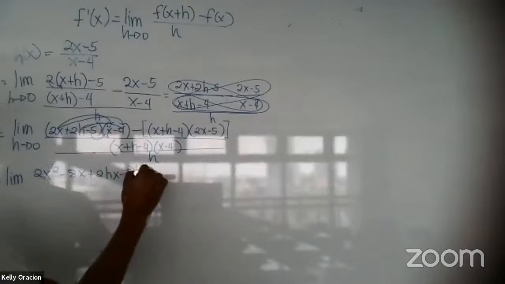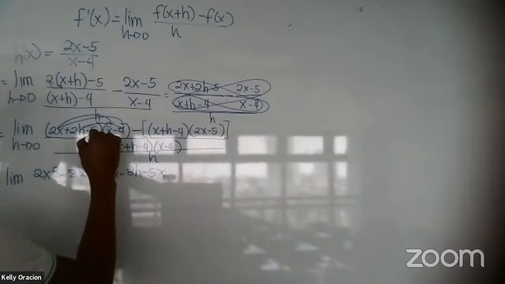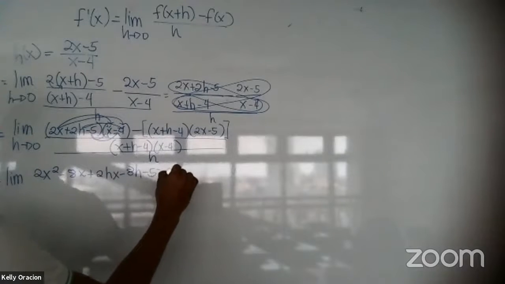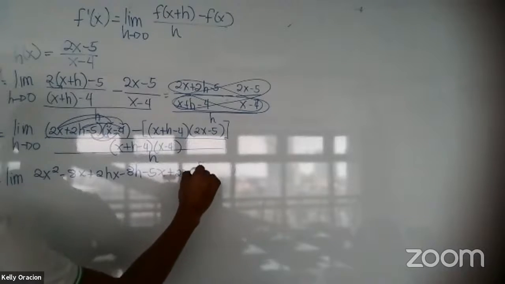Negative 5 times x, that's negative 5x. Negative 5 times negative 4, it's positive 20. Minus, then bracket.